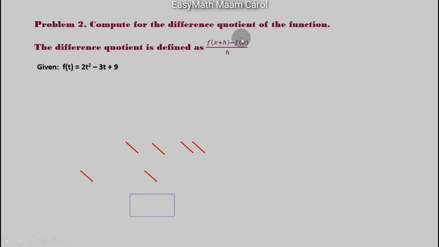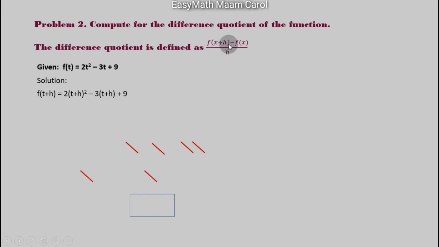Okay? Now, what's next? So, for our solution, ang una muna natin ginawa is, take note, diba dito merong f of x plus h. Dito meron tayong f of t. So, what do we need? Ang kailangan natin, f of t plus h. So that this expression will coincide with the first expression ng difference quotient natin.